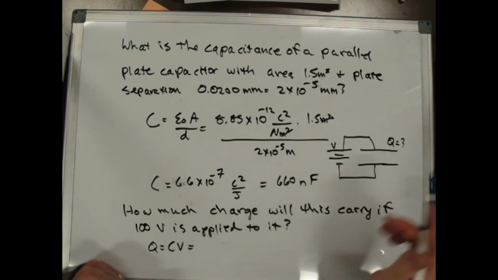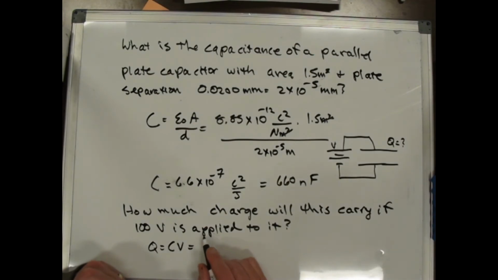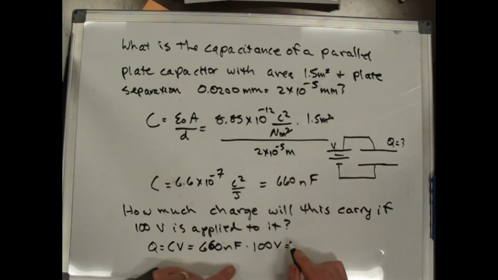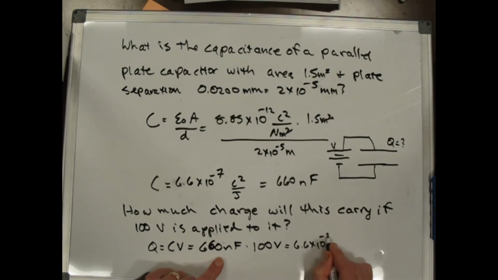Once it charges up, it might take a little while, but once it charges up, the charge it carries is 660 nanofarads times 100 volts, which is 6.6 times 10 to the minus 7.